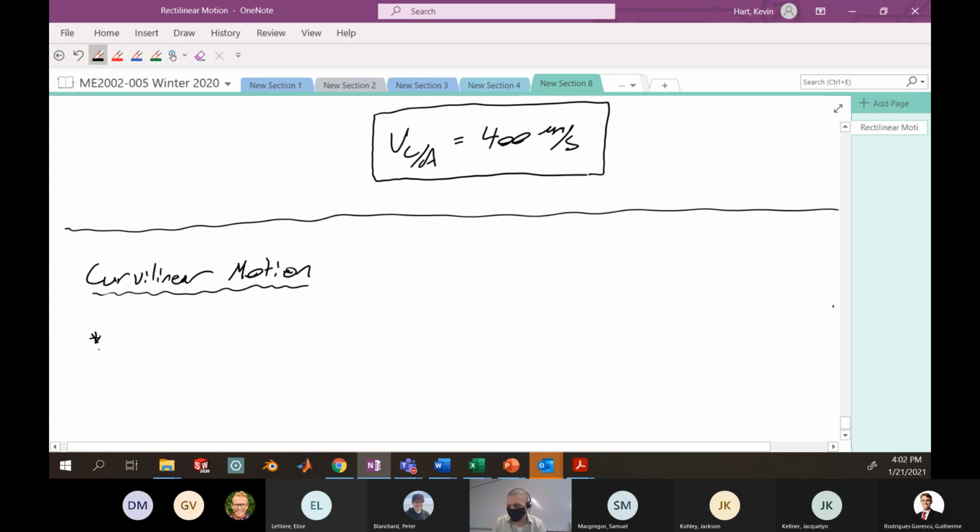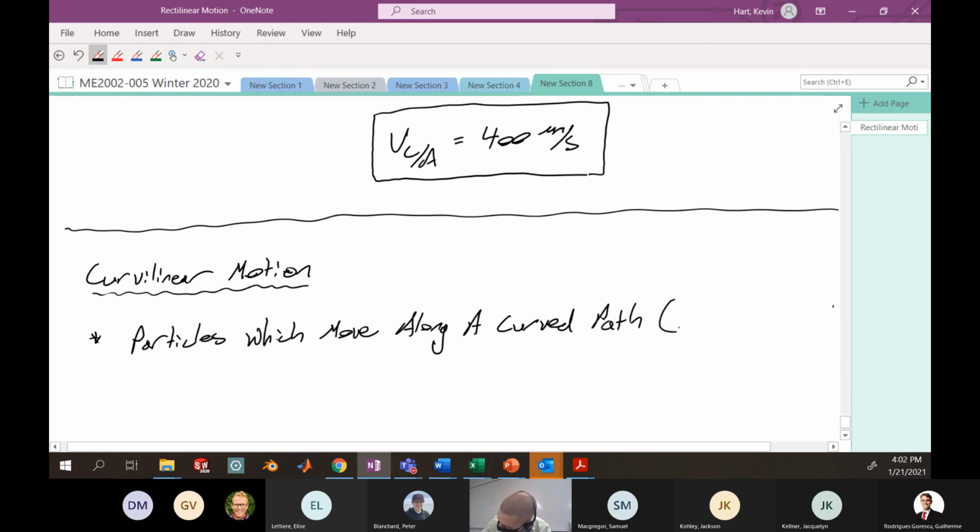So particles that move along a curve, so not a straight line, are said to be in curvilinear motion. So not 1D, are in curvilinear motion. Here we're specifically just talking about particles.